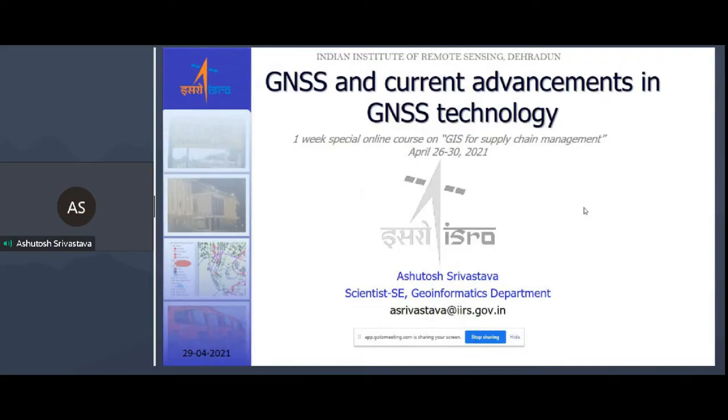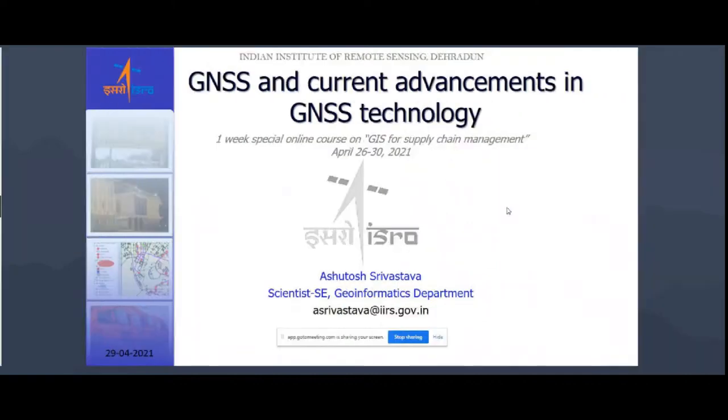And in India, we have the Indian Regional Navigation Satellite System, IRNSS. Its other name is NavIC, Navigation with Indian Constellation, and this is the more common name. So what these constellations provide us is the position, the coordinates, the latitude and longitude information of a particular point.